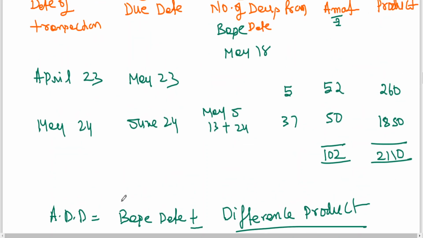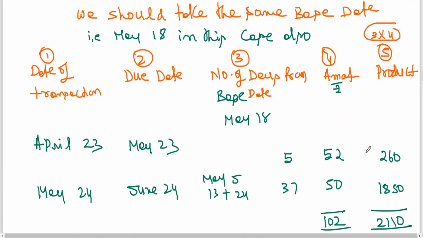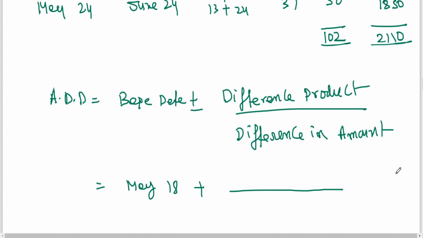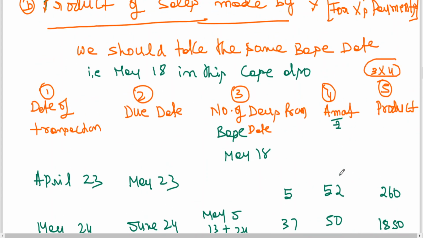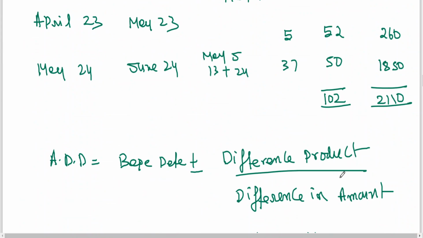We have taken the same date. Base date is how much? May 18. May 18 plus difference in product. You can see the product of this one, 6760, minus 2110, by difference in amount, 210 minus 102.